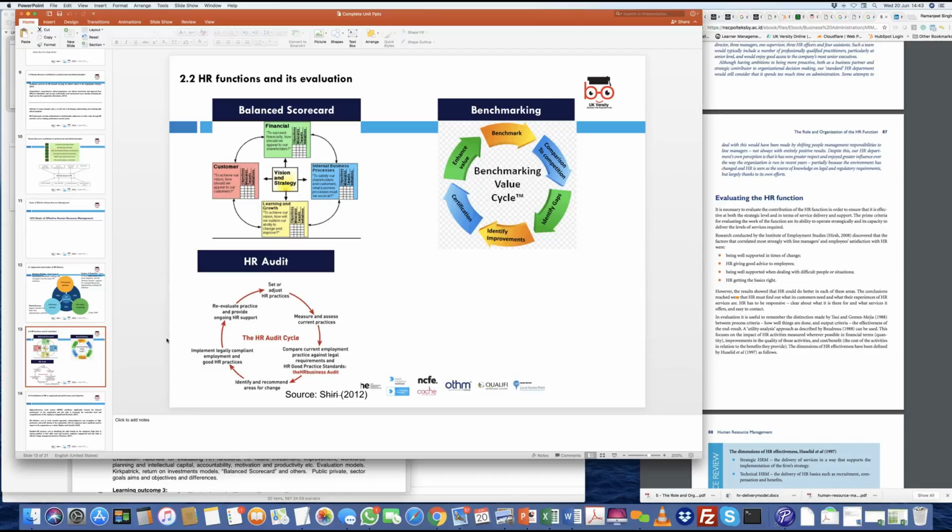If this is done every year, then you classify it as an audit cycle, like when we do performance appraisals every year. Because they happen at a fixed time every year, this process is termed an audit process.